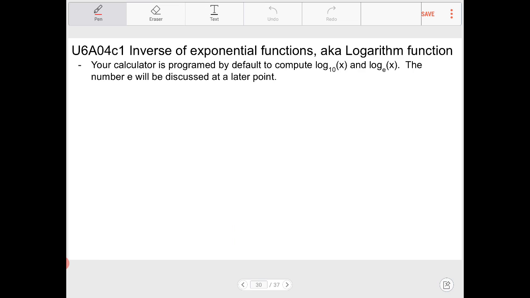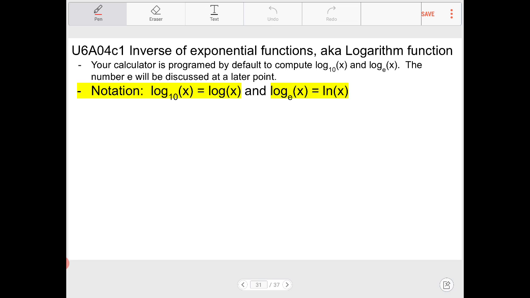Anyway, so now your calculator is programmed by default to compute numbers of base 10 and base e. The number e will be discussed at a later point, so I'm not going to talk much about that, but your calculator can only compute things out of base 10. So please understand, log base 10 of x is equal to log of x.